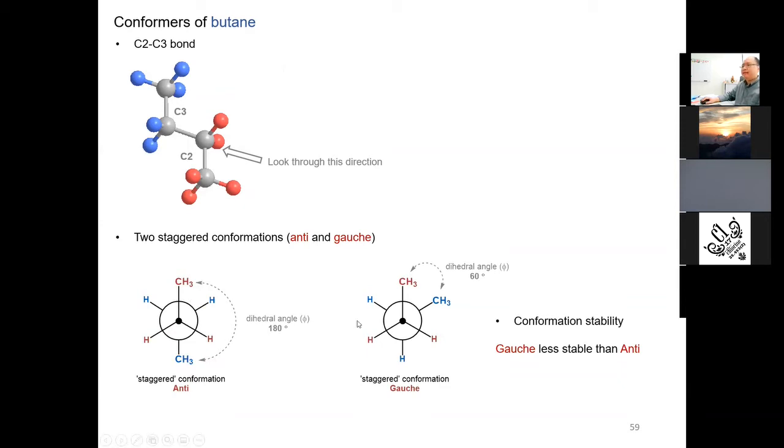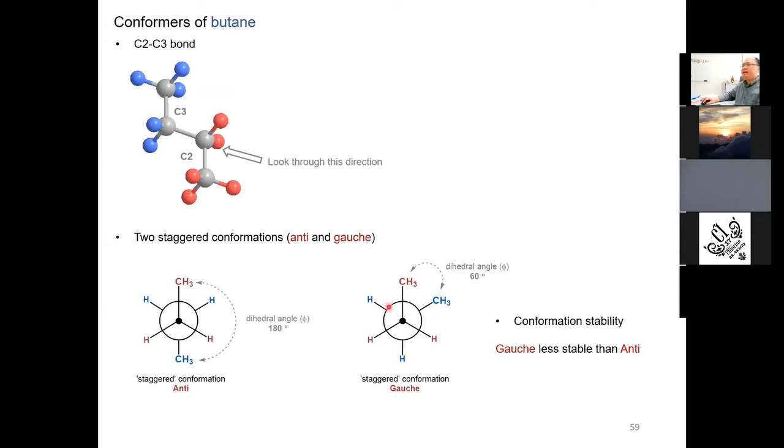Okay, and for another staggered conformation, you can rotate the back CH3 to a 60 degree dihedral angle with the red CH3 in the front carbon. So now the dihedral angle is 60 degrees, right? So the 2 CH3 groups are closer compared with the staggered conformation we called anti. This kind of staggered conformation with CH3 groups 60 degrees apart is called gauche.